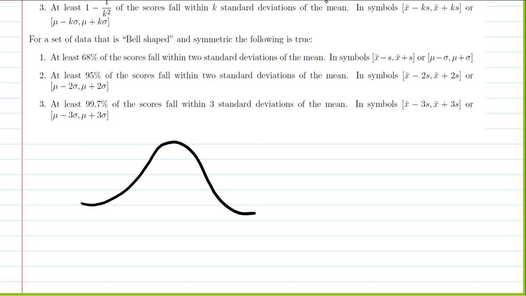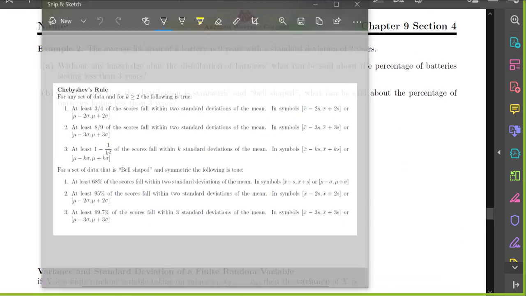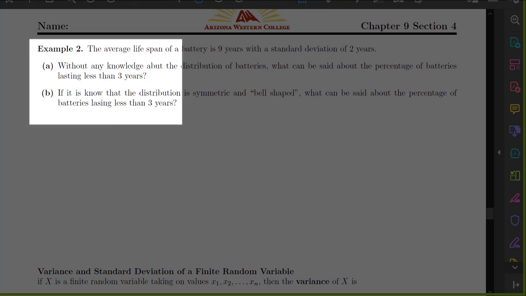And you're probably familiar with this rule, which is 68% of the scores fall within 1 standard deviation of the mean. 95% fall within 2 standard deviations of the mean. And 99.7 of the scores will fall within 3 standard deviations of the mean. So we can use these rules to infer information about statistics. So let's take a look at example number 2.